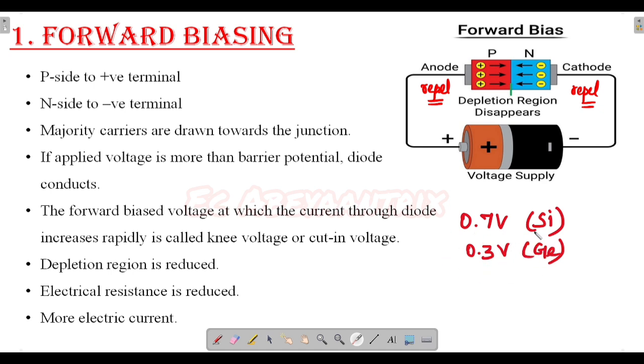If we take a silicon semiconductor crystal, then we need to apply an external voltage greater than 0.7 volt, and when that external voltage is beyond 0.7 volts, the PN junction diode starts conducting.